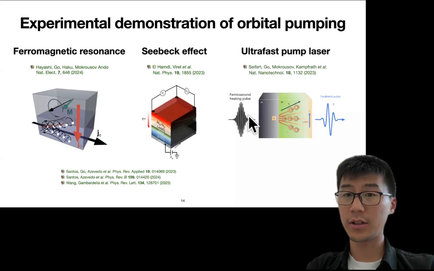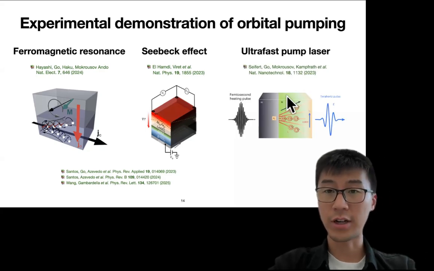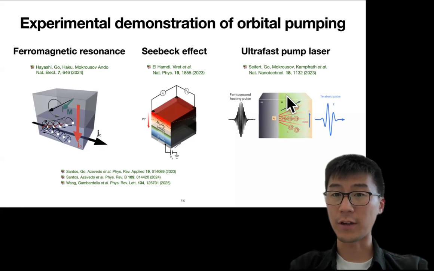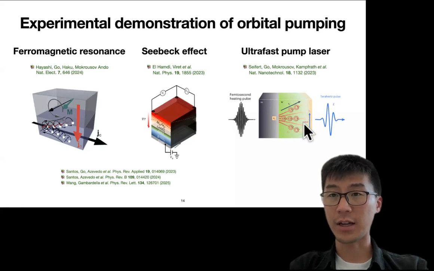And interestingly, pumping can also take place in ultra-fast timescale by using femtosecond laser. So by femtosecond laser with ultra-fast heating, it can also generate angular momentum, and the generation of angular momentum in ultra-fast timescale was detected by the emission of the charge current that is generated by inverse orbital Hall effect or inverse orbital Edelstein effect.